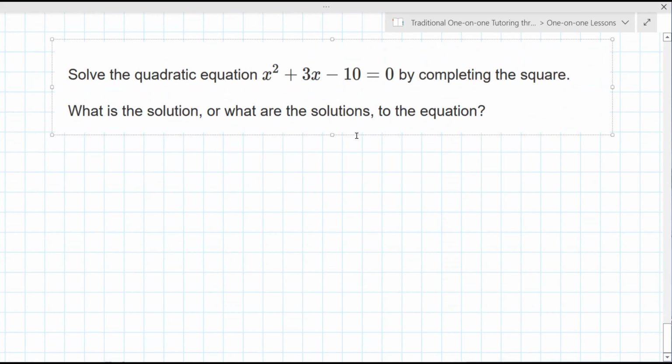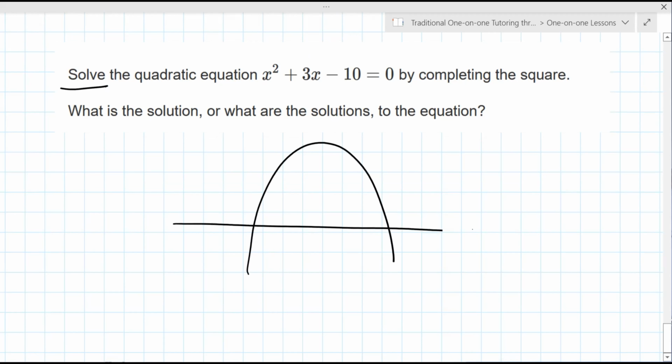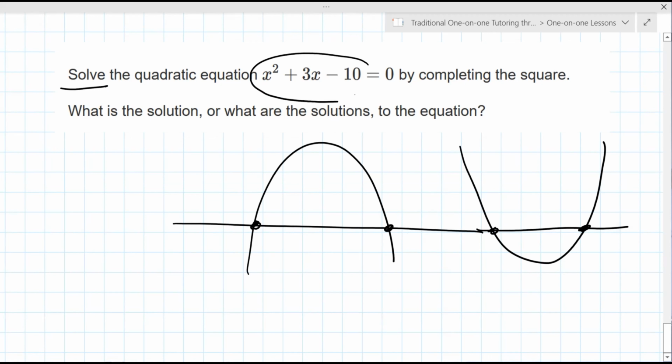You will see this again in another class, but you'll have time to relearn it if you want. When a graph is asking for a solution or to solve it, what it's looking for is where the graph hits the x-axis. So I want you to graph this right here and tell me where it hits the x-axis.